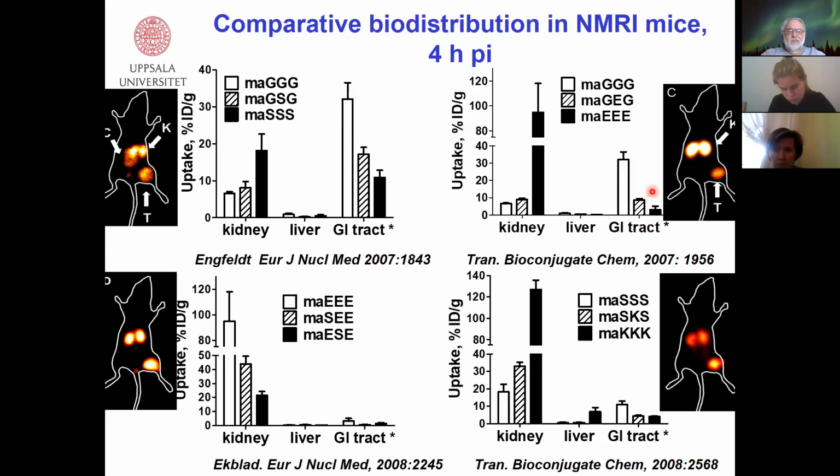We reduced it from 30% down to 5% in the case of triple substitution. So MAEEE nearly completely obliterated activity in the gastrointestinal tract, but at a cost of high retention of activity in the kidney.